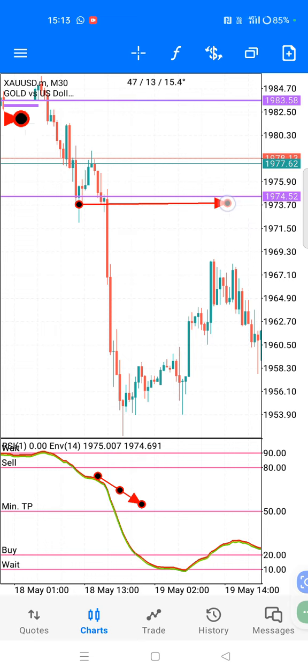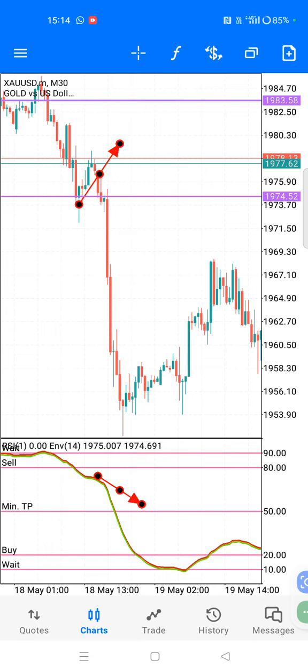For every 15 pips, my next entry will be 1976.02. And then it went up again, 1976.02 plus 15 more pips, 1977.52. If it goes up again, my maximum layer will be 3.